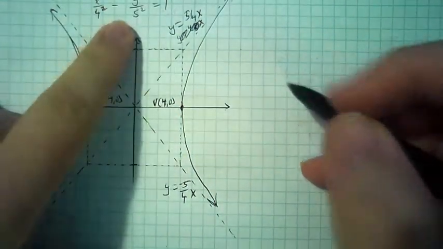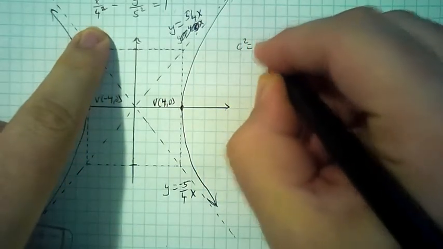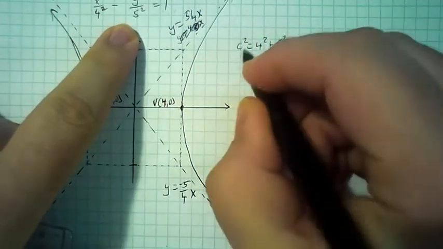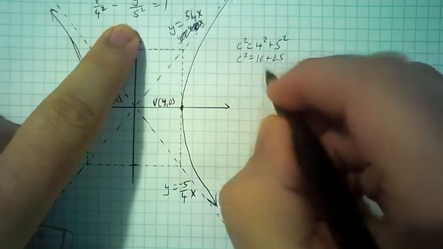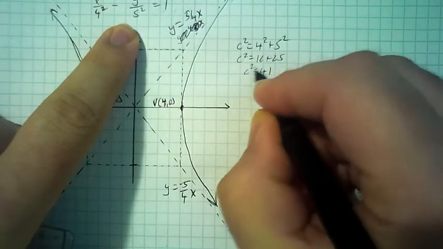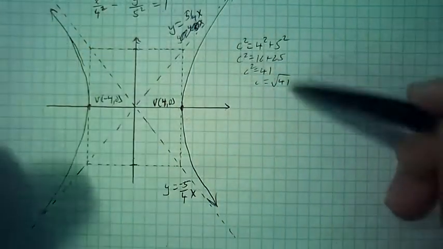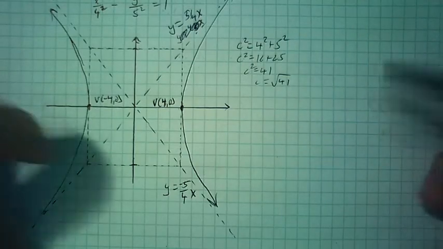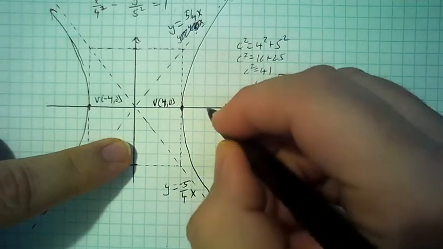To figure out how far, I'm going to say that c squared equals 4 squared plus 5 squared, which is 16 and 25, which makes 41. Unfortunately, that makes c the square root of 41, somewhere between 6 and 7. So this is 4, 5, 6.